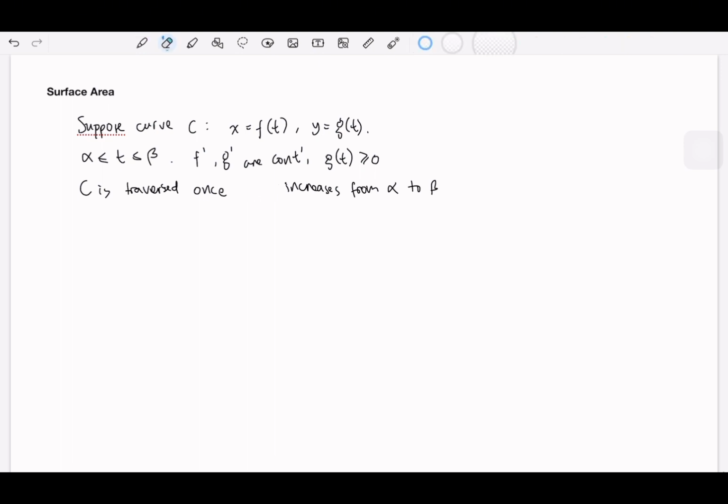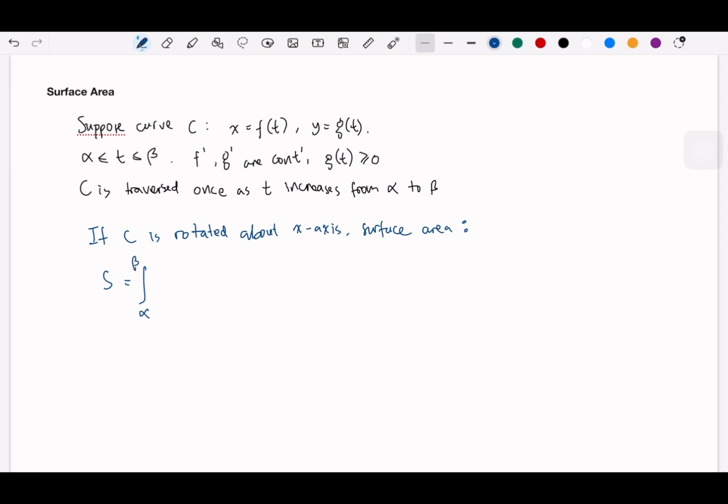I think my words are not clear. Okay. Now if C is rotated about the x axis, then the area of the surface, or here the surface area, is this.